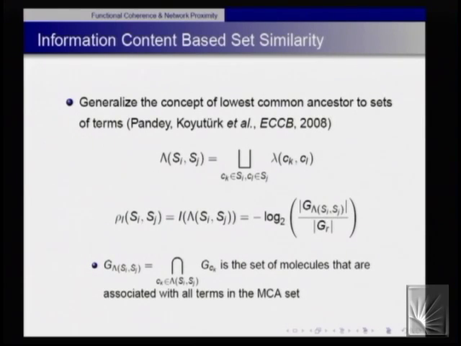And here I am using an unusual symbol for set union because the sets here are defined on the hierarchy. So you have special rules. You have to prune out the redundant ones in terms of the hierarchy. So once you compute the union, the set of minimum common ancestors, now look at the specificity of the minimum common ancestors. It will give you the specificity of the correspondence between these two sets.